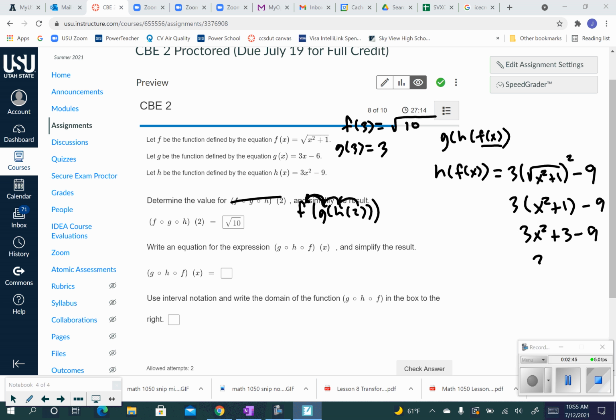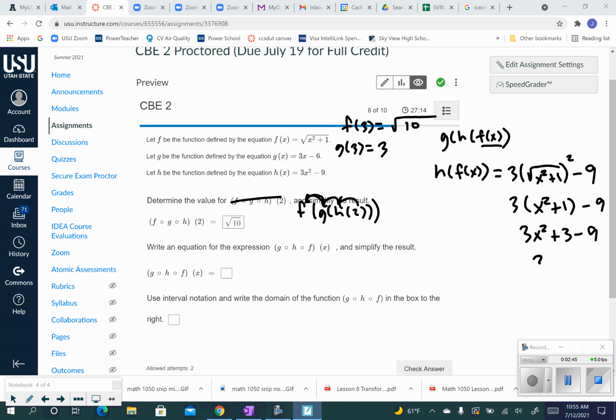Now we have to take that part and plug it into g. So let's go to g, right here. We plug that in, so it would be 3 times the quantity 3x squared minus 6, minus 6.